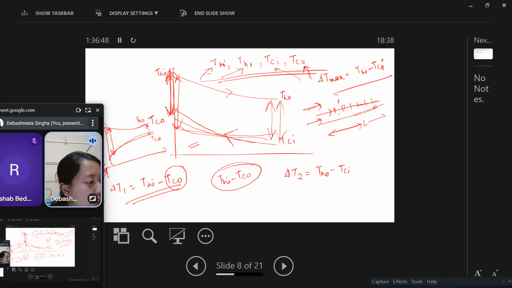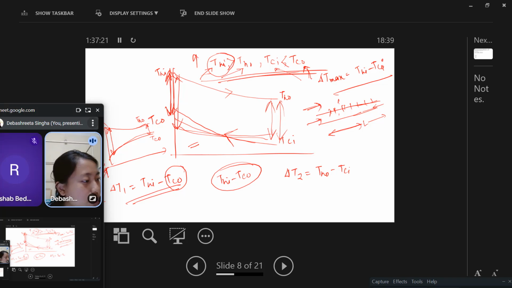So this much we know from these temperatures: Thi is greater than Th naught because it will lose heat, and Tci is lesser than Tc naught because it will gain heat, right? So this is one thing which we get from any system. Another thing is that Thi is the highest among all these temperatures, you agree, right?